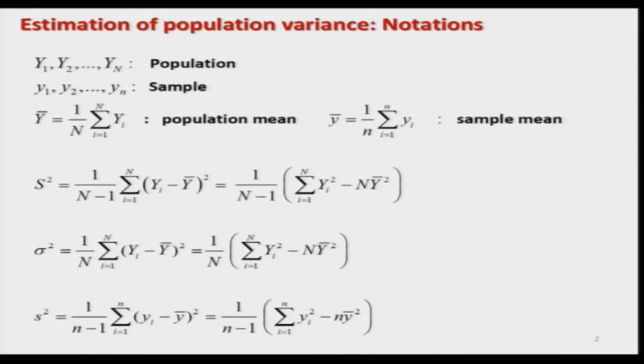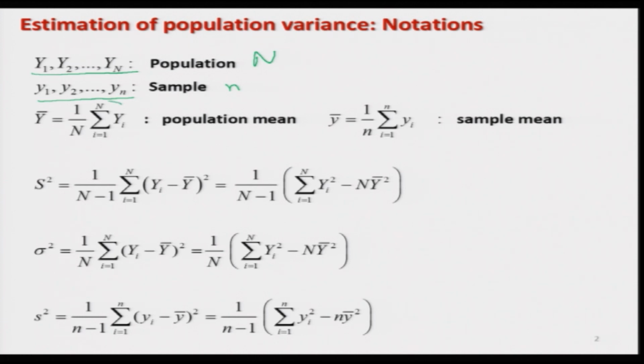Just for a quick review, these are our symbols. We discussed in the earlier lecture that with the notations capital Y1, capital Y2, up to capital YN, we denote the population of size capital N, and with small y1, small y2, up to small yn, we represent the sample values, where the sample is of size small n.